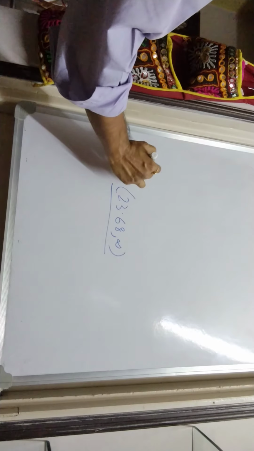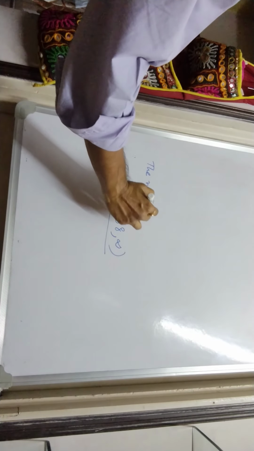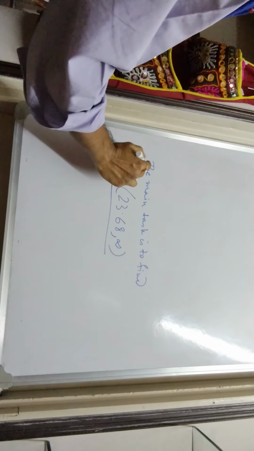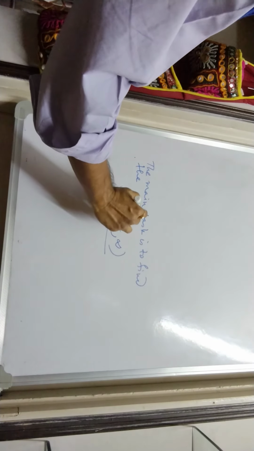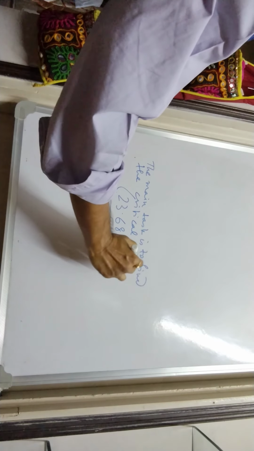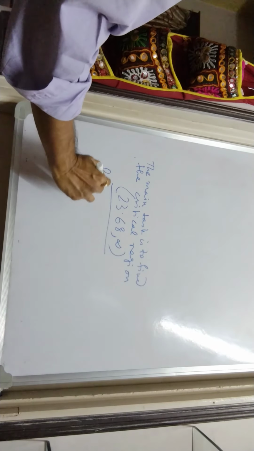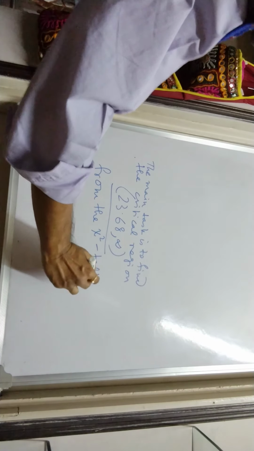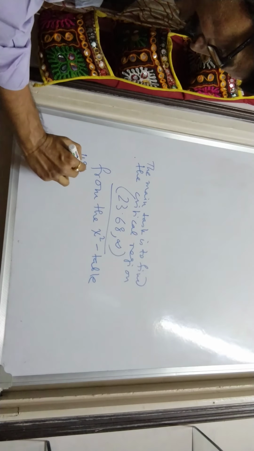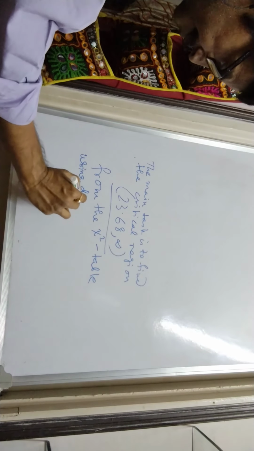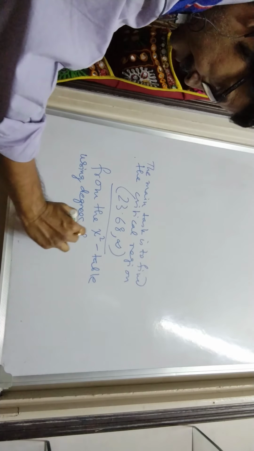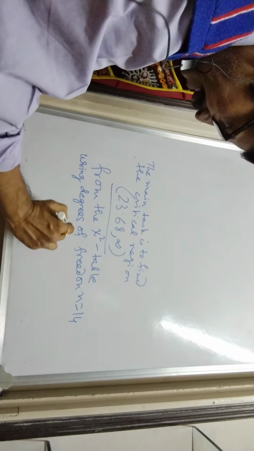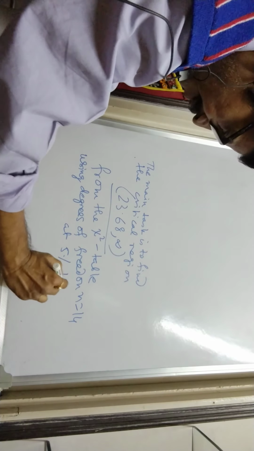So, the main task is to find the critical region from the chi-square table using the degrees of freedom n equal to 14 at 5% level.